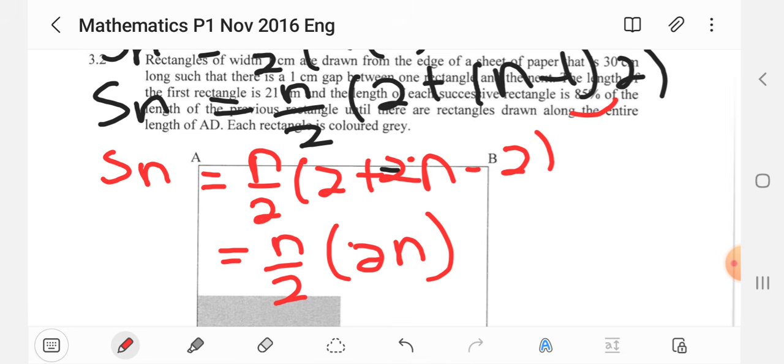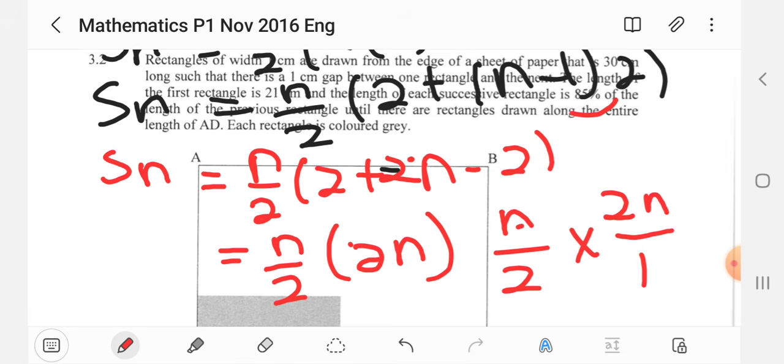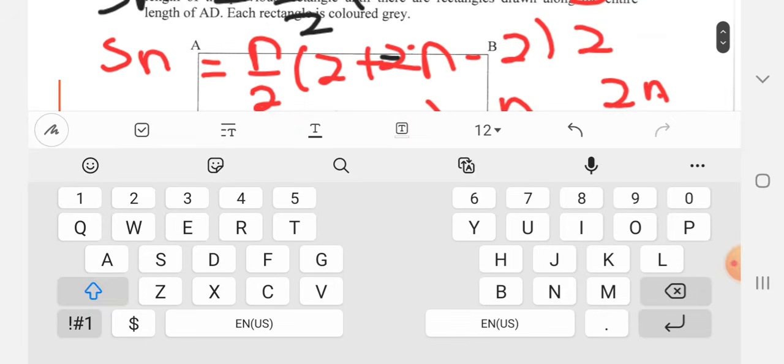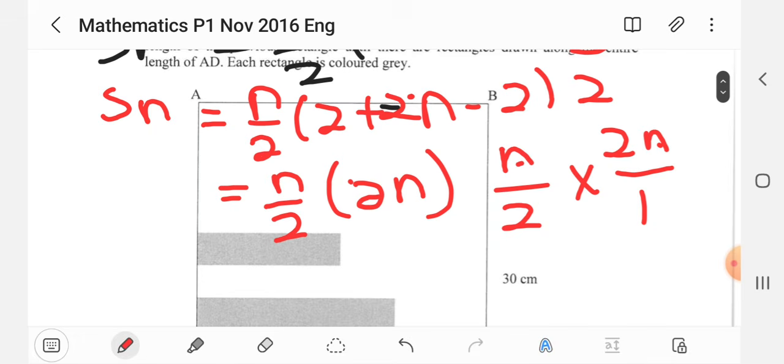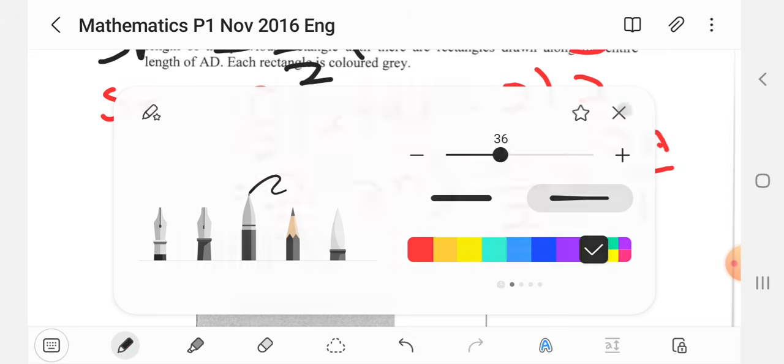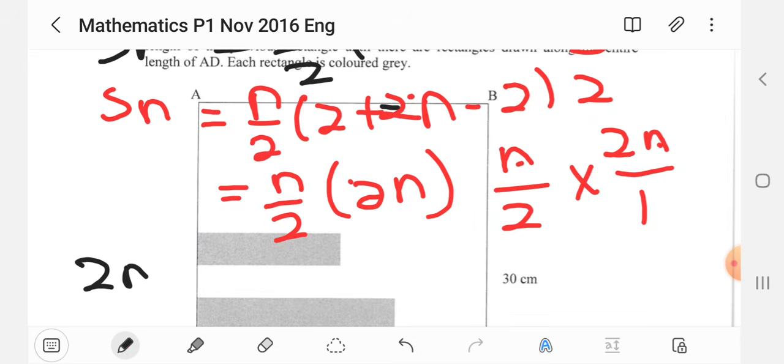And then we multiply this, n over 2 multiplied by 2n over 1. So this will be 2n squared over 2.